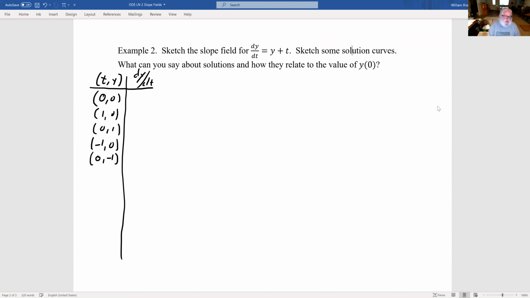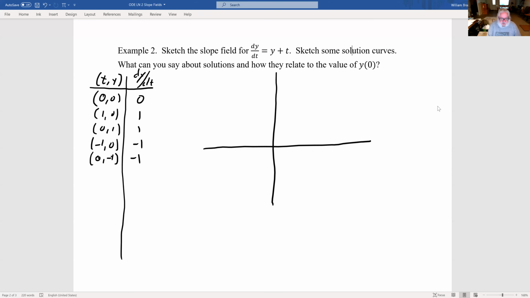What are our slopes? Well, dy/dt is y plus t, so 0 plus 0 is 0, 1 plus 0 is 1, and 0 plus 1 is 1. These two have the same slope. Minus 1 plus 0 is minus 1, and 0 plus minus 1 is minus 1. And so we can start graphing our slope field.